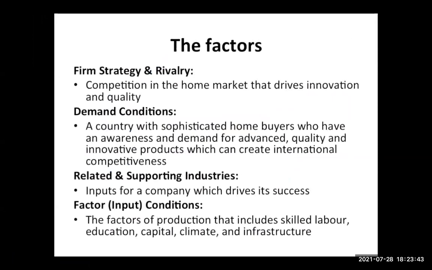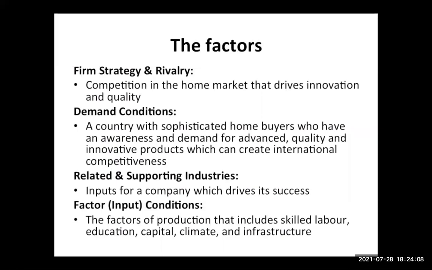Firm strategy and rivalry is the competition in the home market that drives innovation and quality. When there's lots of competition and lots of rivalry, this keeps companies on their toes, and so they try to outcompete each other by continually developing more innovative and quality products and services. A demand condition is a country with sophisticated home buyers that have an awareness and demand for advanced quality and innovative products, which can create international competitiveness.